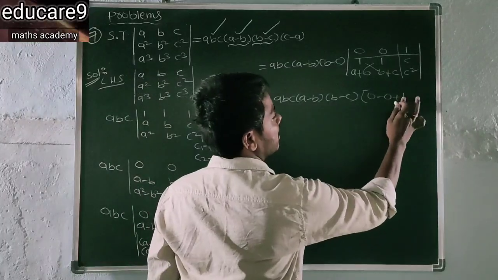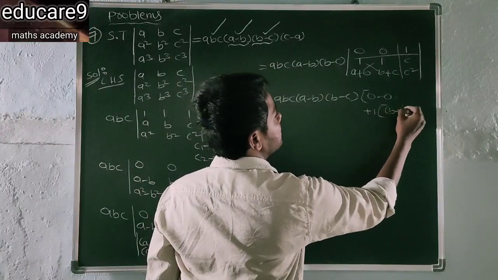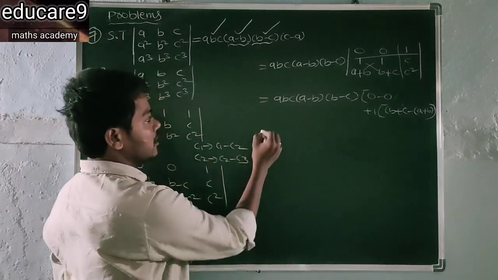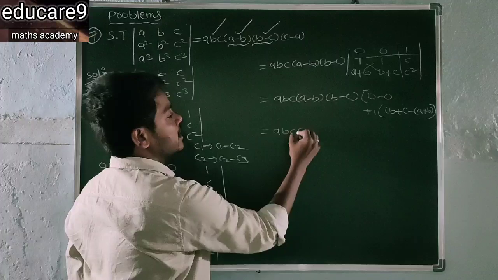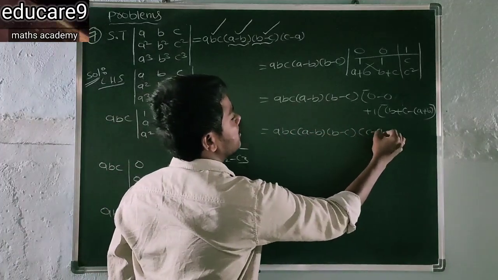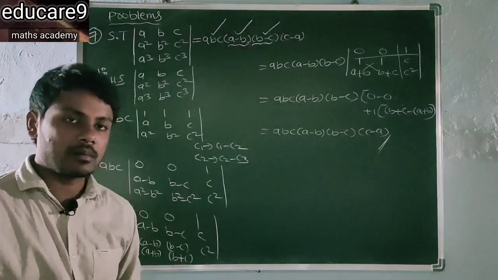You will get plus 1 into B plus C minus of A plus B. Therefore, this is ABC, A minus B, B minus C, C minus A. So, this is the required answer.